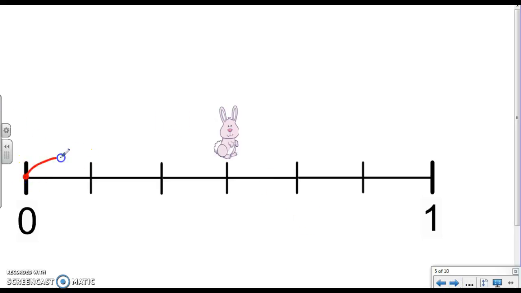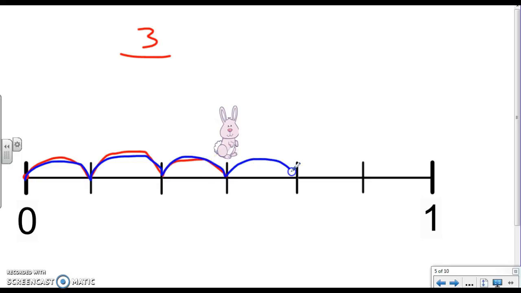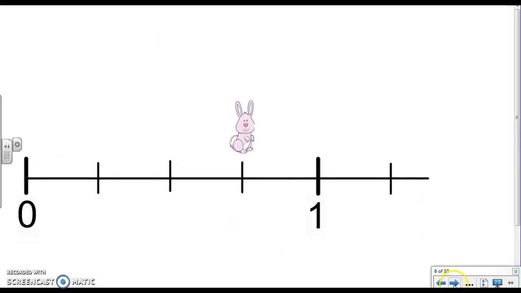Starting here, he is 1, 2, 3 hops out of a total of 1, 2, 3, 4, 5, 6 hops to get across one whole bridge. So this point right here on our number line is the fraction 3/6, which you can see is the same as 1/2. He's 1/2 of the way across this bridge.